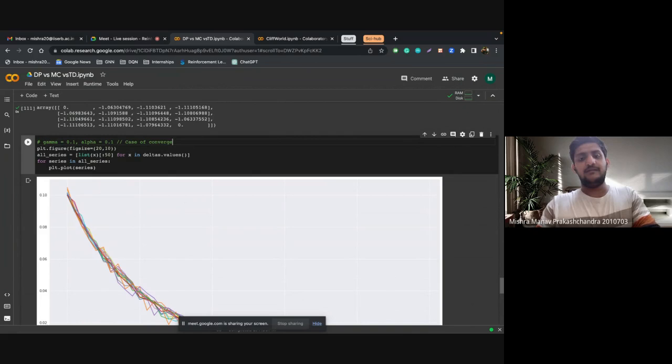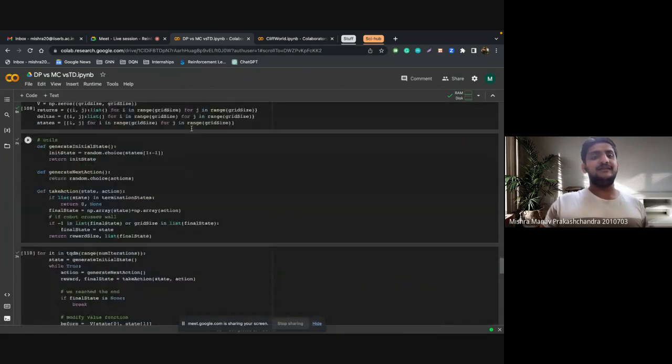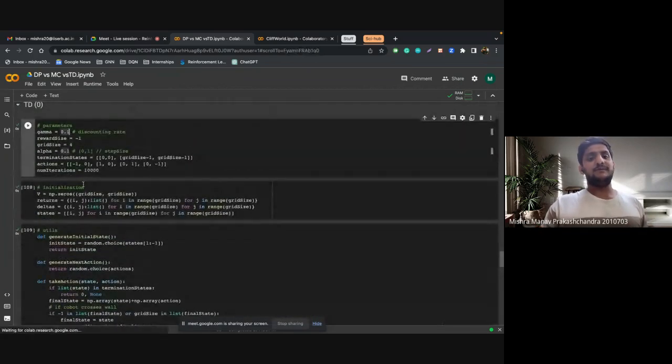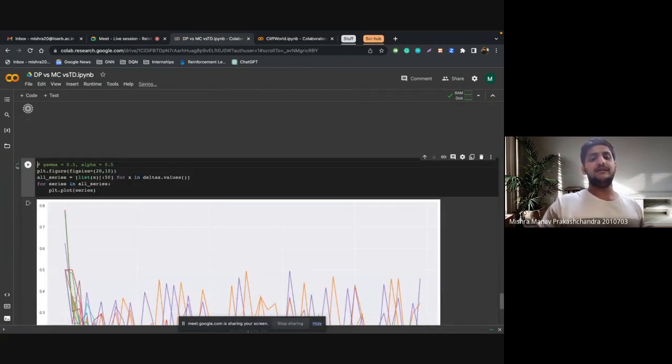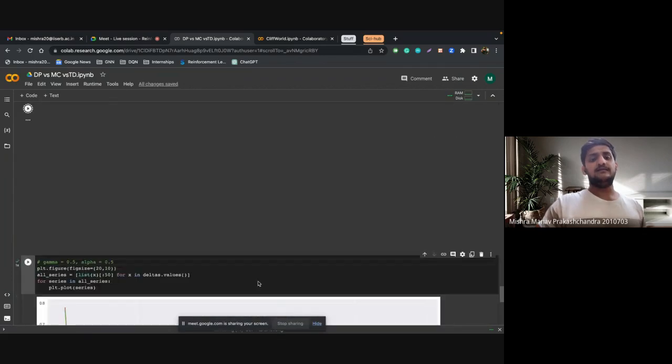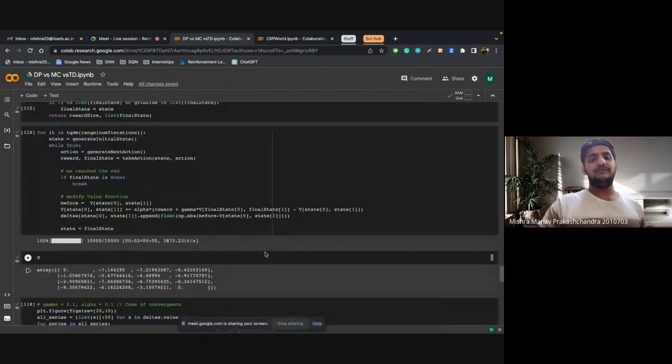Now similarly, I'll try another case. I'll go here, maybe make gamma 0.9 and the step size also 0.9, and see how it reacts to this. So I'll run everything accordingly. Okay, my bad.